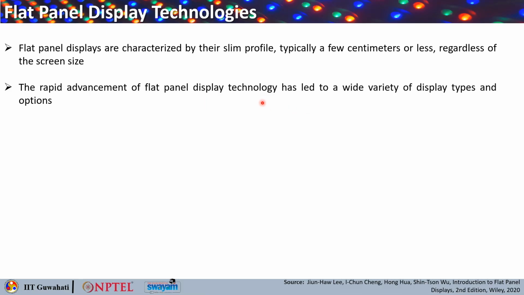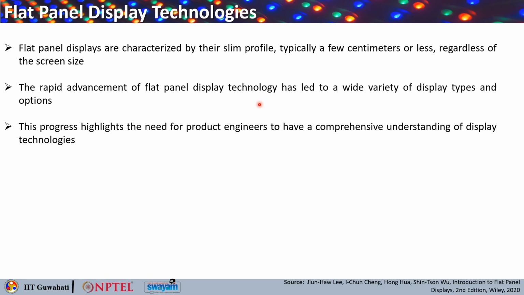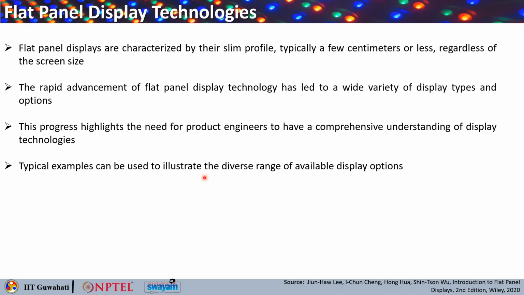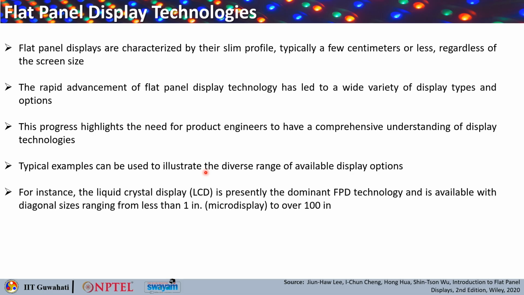The rapid advancement of flat panel displays has led to a wide variety of display types and options. This progress highlights the need for product engineers to have a complete understanding of the different technologies. Typical examples can be used to illustrate the diverse range of available display options.